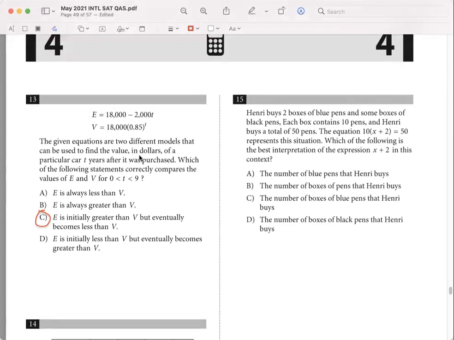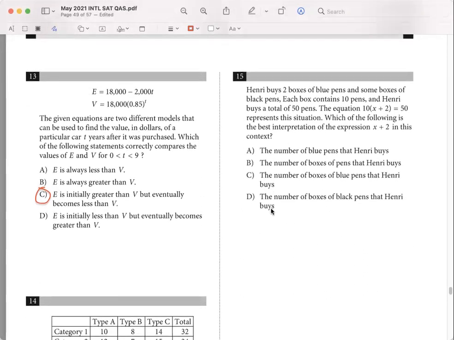Okay. Henry buys 2 boxes of blue pens and some boxes of black pens. Each box contains 10 pens and Henry buys a total of 50 pens. Okay. The equation 10 times x plus 2 is equal to 50 represents the situation.